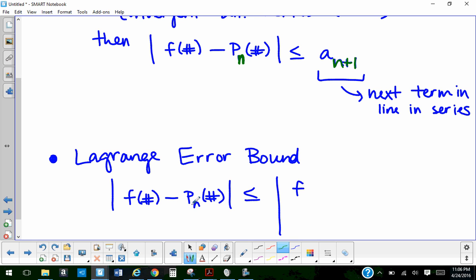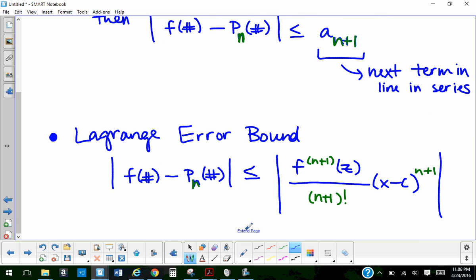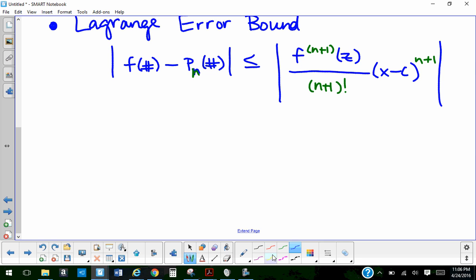This is going to happen here as well. Looking at the nth degree Taylor polynomial, the next one in line would be the n plus 1 derivative of f, and that's evaluated at z. We'll talk about what that means in a second. Over, again, next one in line, so that would be n plus 1 factorial times x minus c, and again, next one in line, to the n plus 1 power. And all that's in absolute value. And we need to talk about what that whole f to the n plus 1 of z piece was.